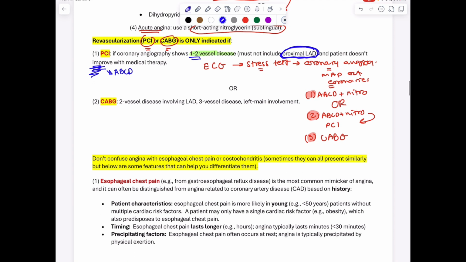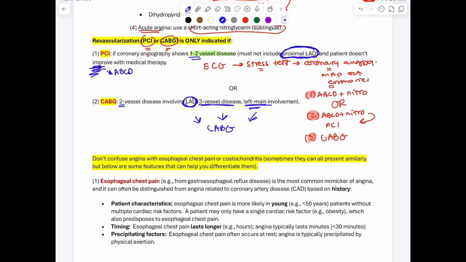Let's say the patient has 2 vessel disease, kind of like here, right? But it involves LAD, proximal LAD, that's a CABG because LAD is a major artery. Or if it's a 3 vessel disease, or if it's left main coronary involvement. These are indications for CABG.